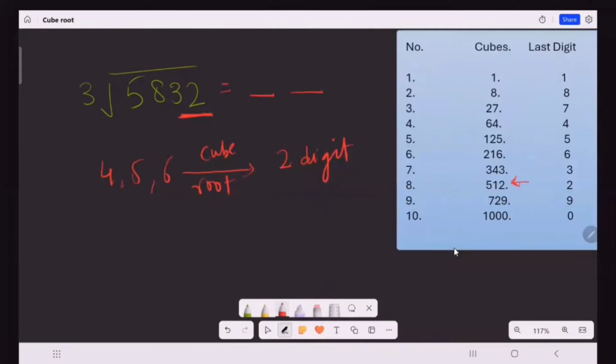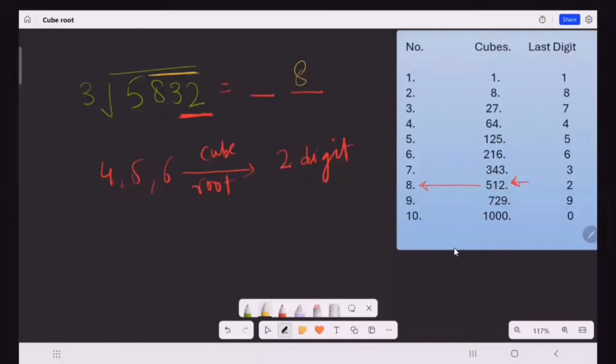Corresponding to this 512, our number is 8. So this is the number that I'm going to write here.